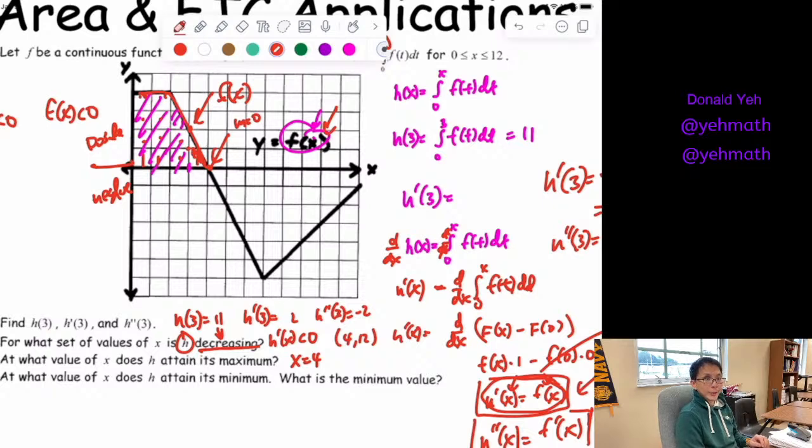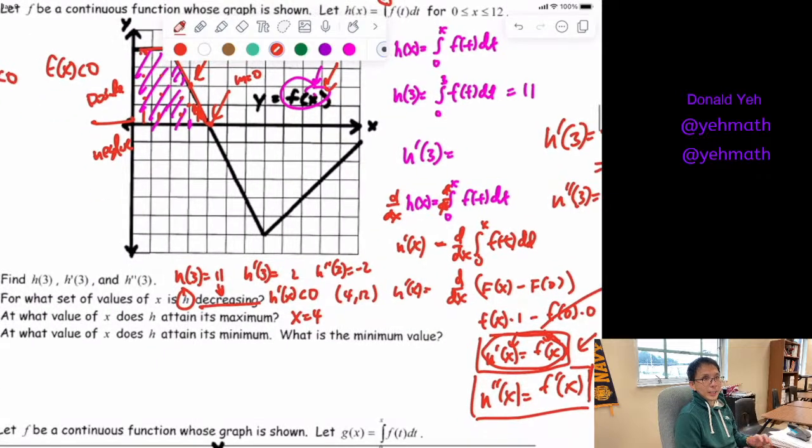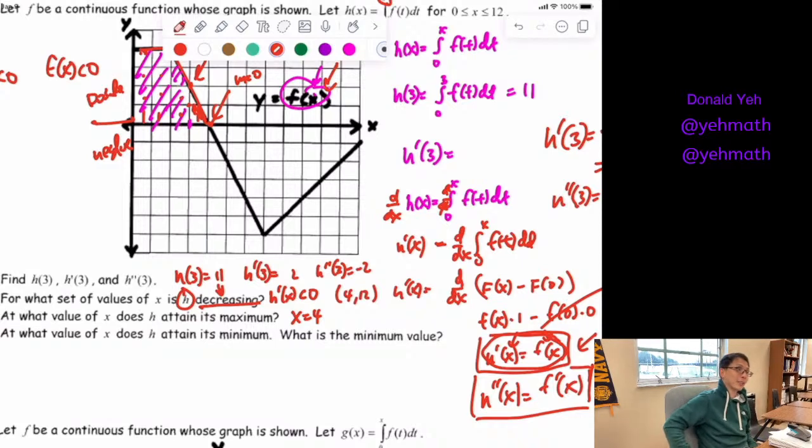Okay, at what value does h attain its minimum? Ari, you say if you understand, when does it reach minimum? It could be. You're not wrong. It never crossed from negative to positive. Good. But you know minimum can occur at endpoints.